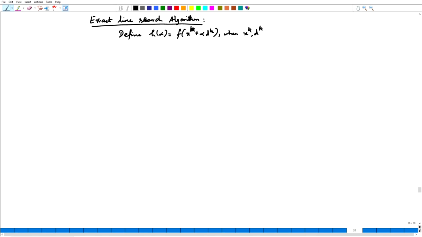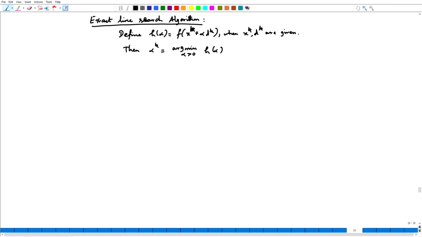So, the actual alpha k that you have to choose at iteration k is the minimizer of h of alpha for alpha positive. Let me give an example of what this actually does.